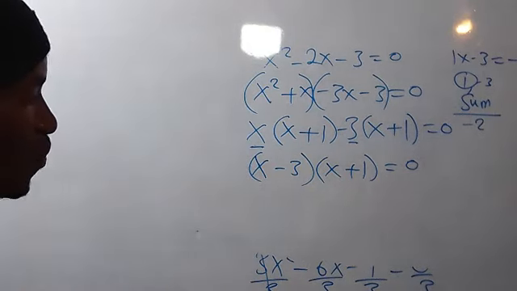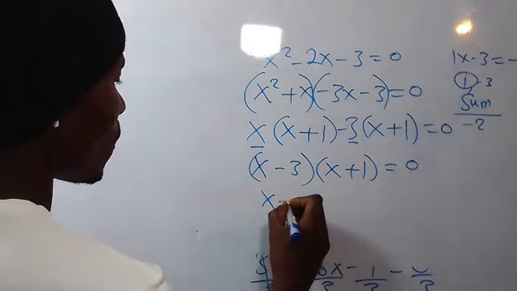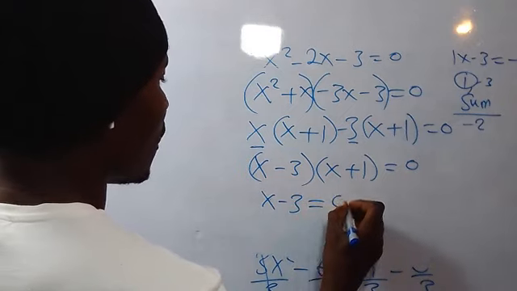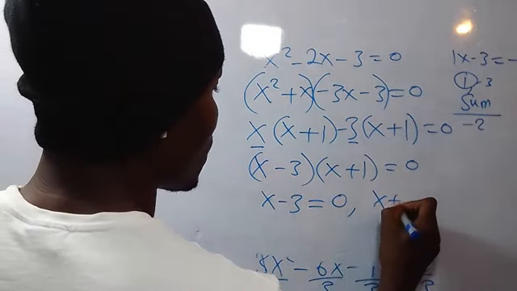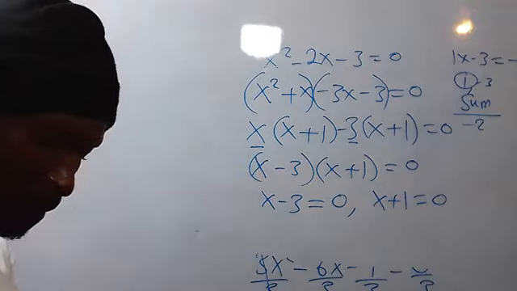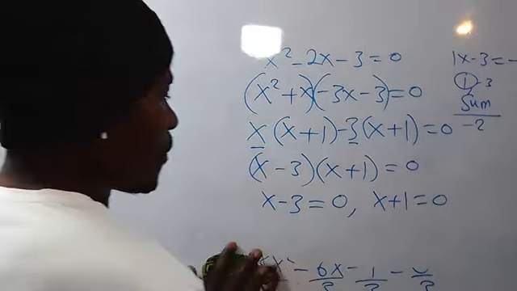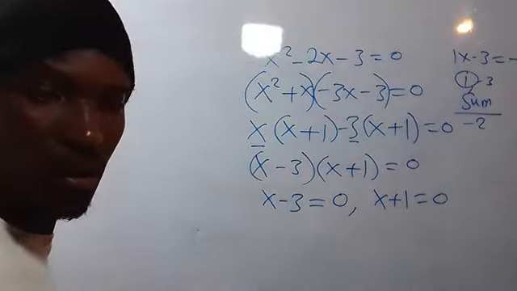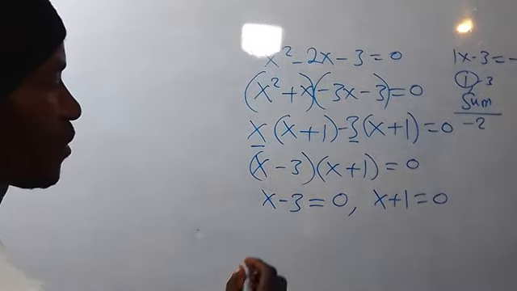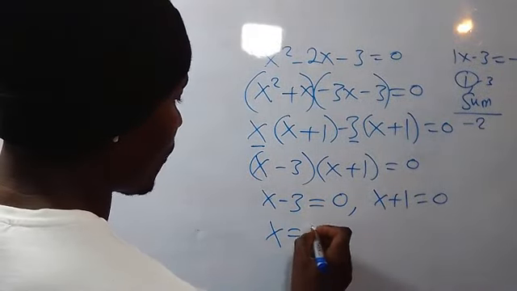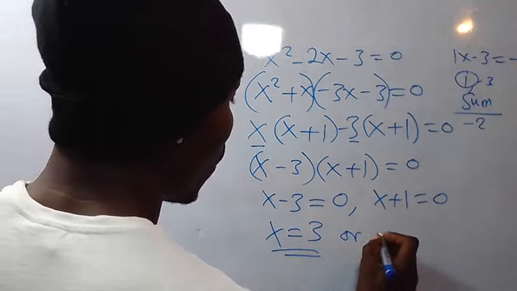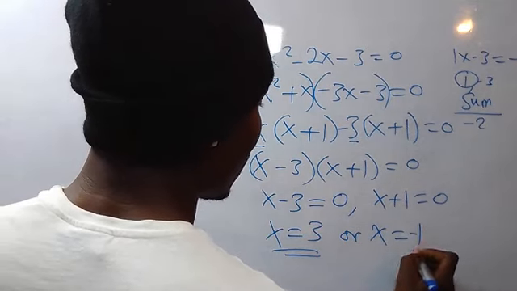After reaching this point, you can equate each of these to 0. From there, x equals 3, or x equals negative 1, okay?